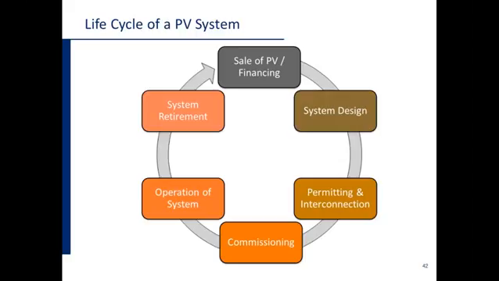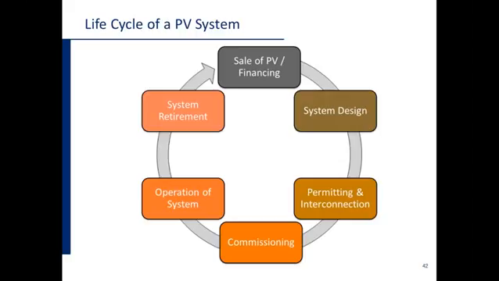The system is commissioned, tested to make sure it operates properly, and then over the course of a number of years the system operates normally, and then ultimately after a number of years a system is retired, and basically the cycle starts over again, where a PV system may be updated and something else installed.